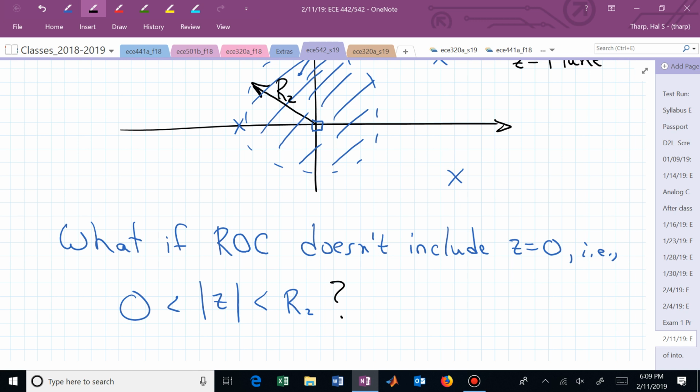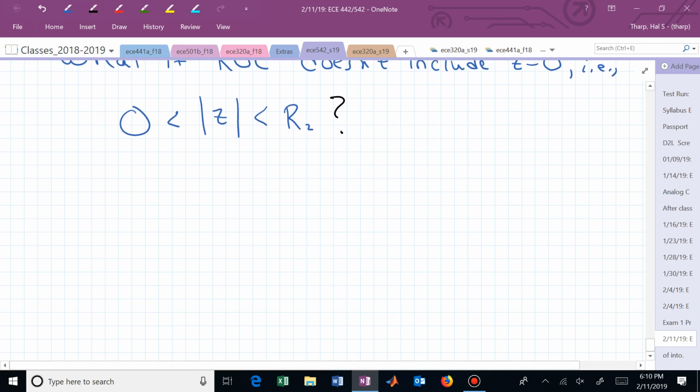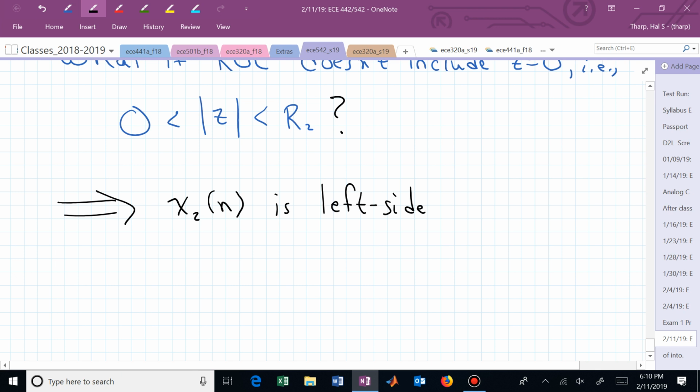Well, we used right-sided last time. Maybe it's left this time. It's a left-sided sequence, and it's a generalization of a non-causal waveform. In this case, in modified pattern 2, let's call it little x sub 2 of n, is left-sided.